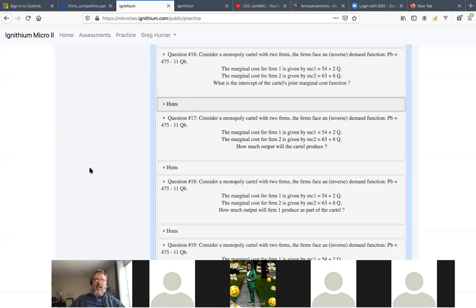What I'm looking for is the intersection point of marginal revenue and the low marginal cost producer, and the quantity that represents the intersection between the joint marginal cost and the marginal revenue. So I'm looking for two numbers. Have you guys calculated those two numbers? Anybody calculate them yet?